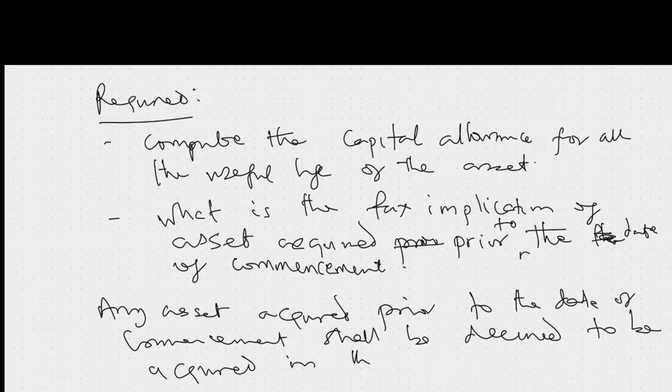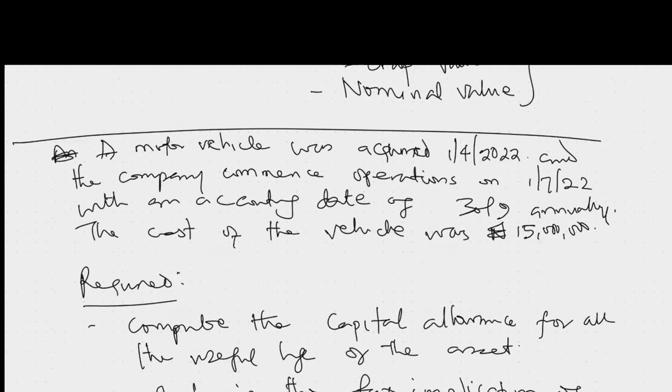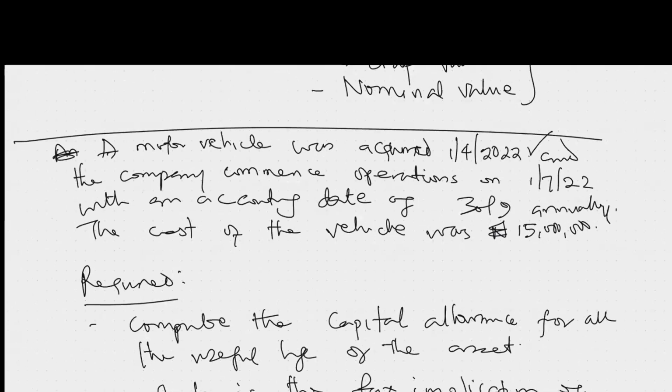Okay, so if I acquire an asset prior to the date of commencement, the asset is deemed to have been acquired on the date of commencement. Therefore, this equipment that was acquired on 1/4/2022 will be deemed to have been acquired on 1/7/2022. That is number one. Now, I hope you understood that. We move straight to the next.